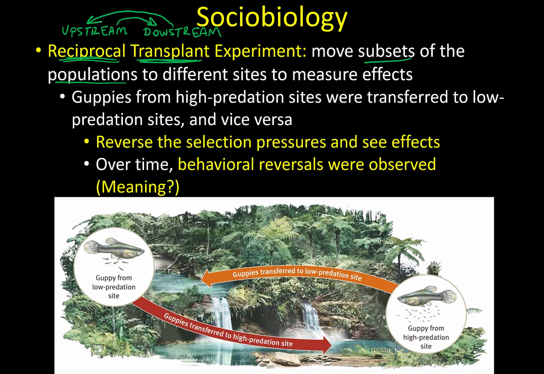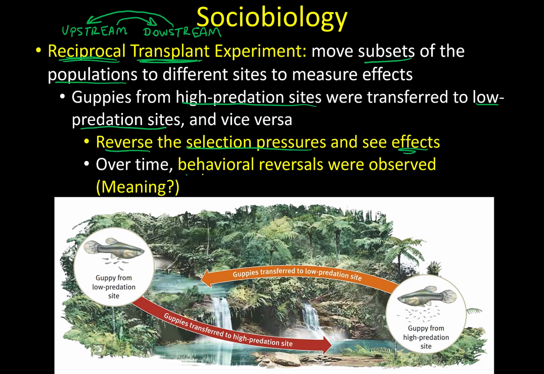Okay, it's going to be balanced. Researchers took guppies from the high predator sites, okay, and put them in the low predator sites, and vice versa. And what they found was that when they reversed the selection pressures like this, suddenly low pressure guppies were experiencing high predator pressure and vice versa, they saw some really interesting effects.